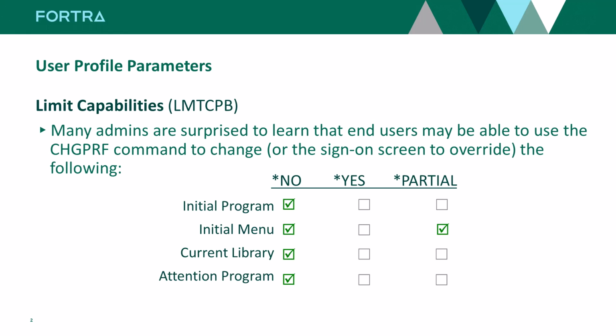And additionally, if star partial is assigned, they can still override the initial menu. So if all you have set is an initial menu for those users and granted partial authority, they can override what menu you've designated on their user profile to go to and start with to go to any valid menu on the system they have authority to.